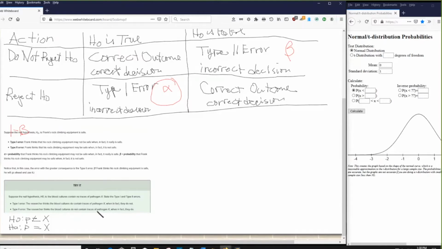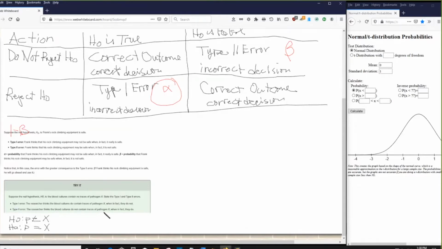And the type 2 would be that we do not reject the null hypothesis, even though it is false. So the type 2 error would have the greater consequence because we would think that the blood does not contain any pathogen when it really does. Okay?